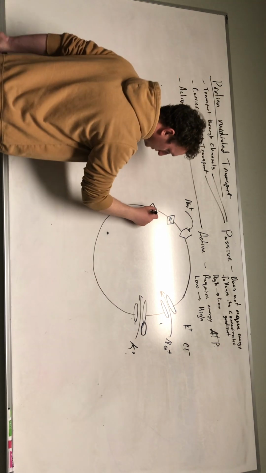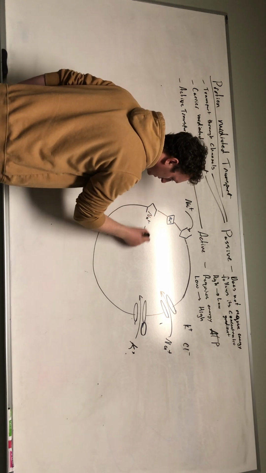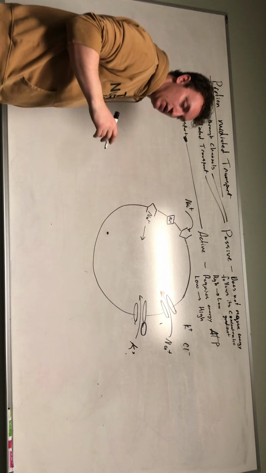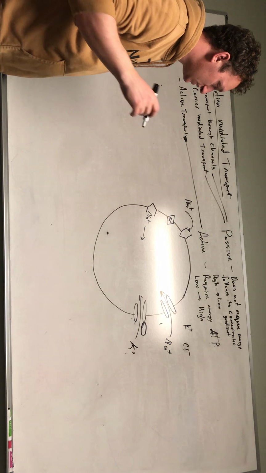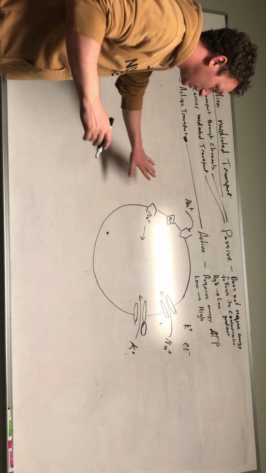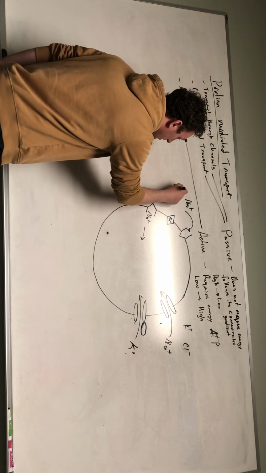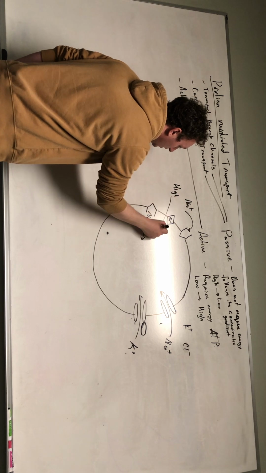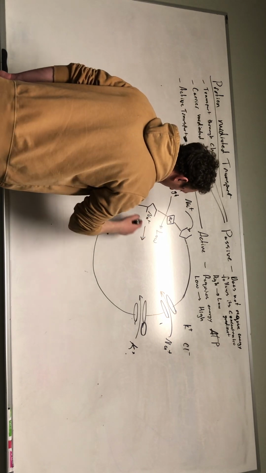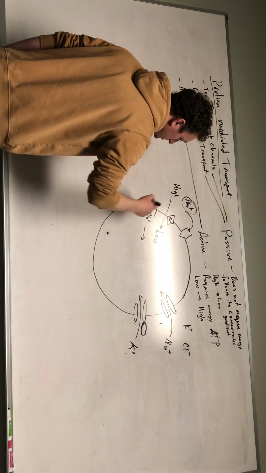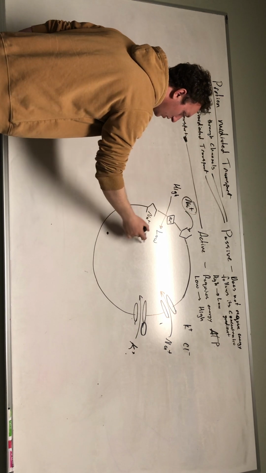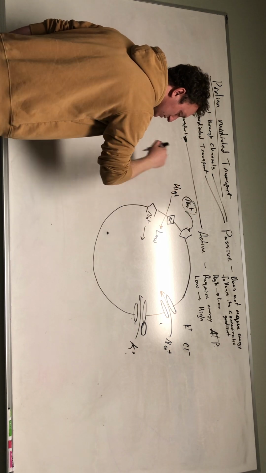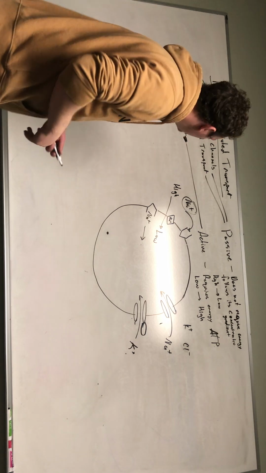Then it will be able to release that sodium into the intracellular fluid. Again, both of these are passive transport, so they're going from high concentration to low concentration for the specific particle. So it would be low for sodium inside and high for sodium on the outside.